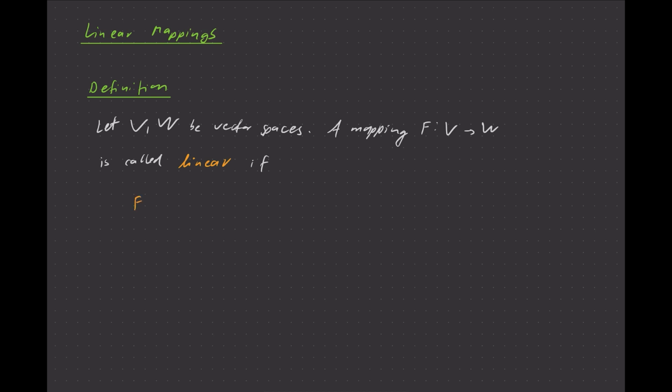First, if we apply f to the sum of two vectors, so f of x plus y, then that is the same thing as applying f to the vectors x and y individually, and then summing up the results. And that needs to be true for all x, y in V.